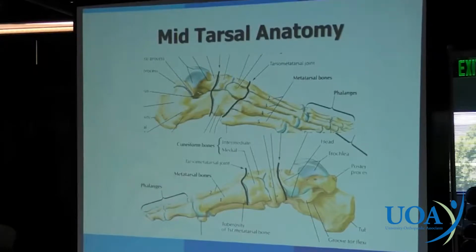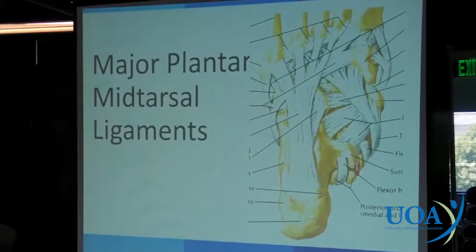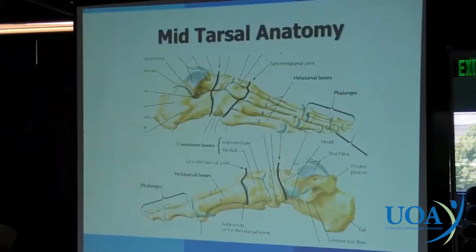You can see the cuboid bone on the lateral side is a fairly large bone at the articulation between the calcaneus and the 4th and 5th metatarsal heads at the TMT joint. On the medial side, the first cuneiform bone is also fairly large and not usually involved in chronic conditions.